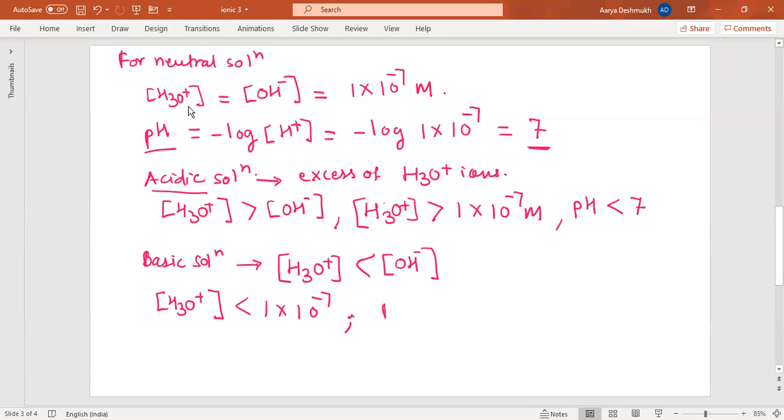So obviously the pH of this solution will be greater than 7. So if pH is greater than 7, the solution is basic in nature. So you can find out from this, starting with the autoionization of water, you can reach up to this condition which is already known to us.